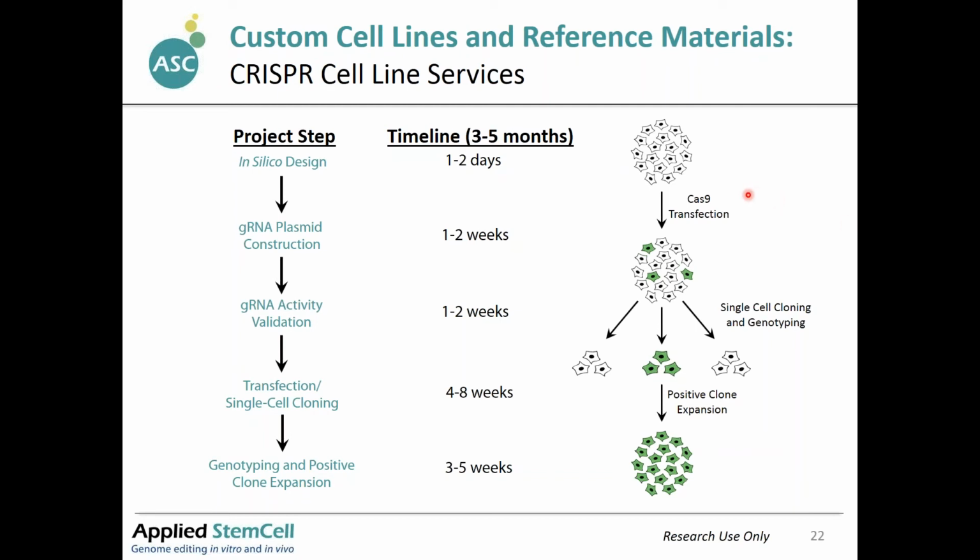We start with Cas9 transfection. We then do single-cell cloning and genotyping to identify positive clones. Then we expand those and confirm them to give you the clonal population that contains the mutation that you're interested in. These are our full-service cell line engineering projects that start from design of the guide RNA constructs through genotyping, expansion, and positive clone identification. The timeline for these projects is typically around 3 to 5 months.